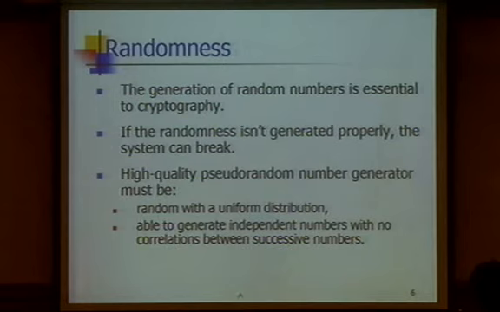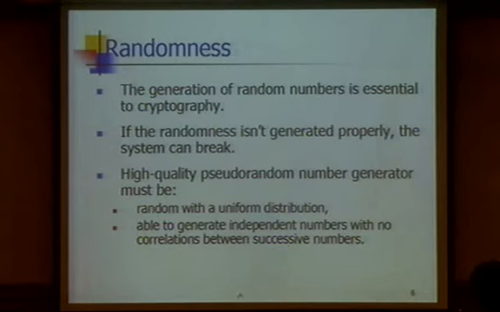In 1996, Ian Goldberg and Dave Wagner questioned how the Netscape web browser generated its session keys for secure socket layers. To do this, they reverse engineered the Netscape web browser programs, and then they found the source code of the pseudo-random number generator of Netscape web browsers.